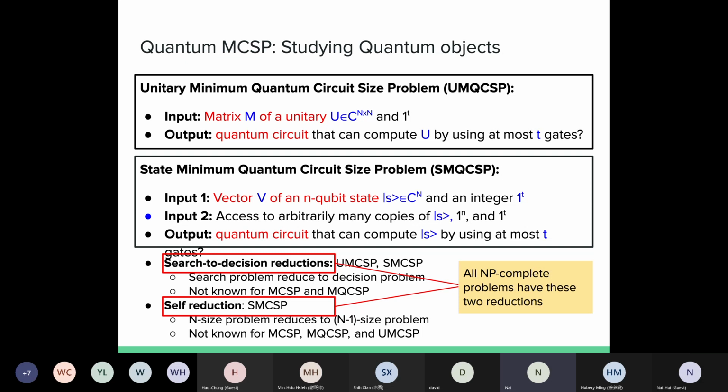If you can decrease t, then you made the right guess, and you continue. Then you guess the next one and uncompute it from the unitary, and you keep doing this. Eventually you can find the circuit by just uncomputing the unitary.